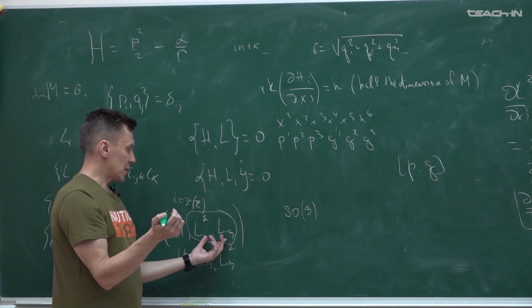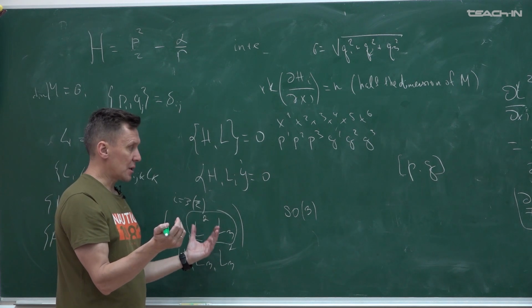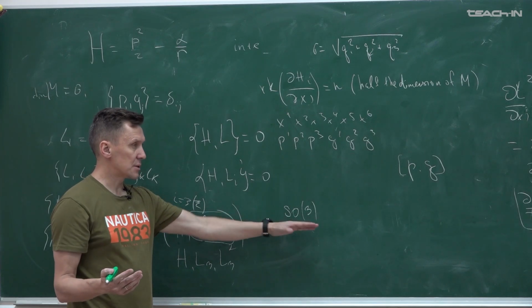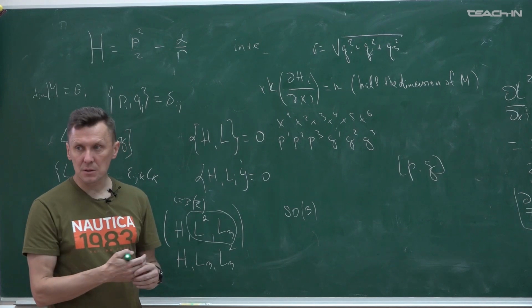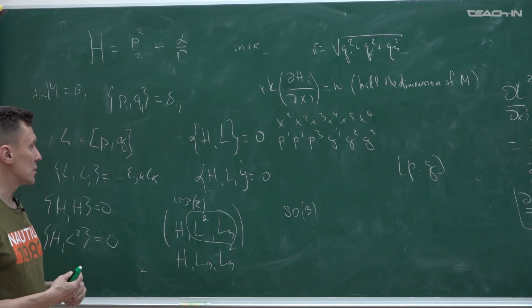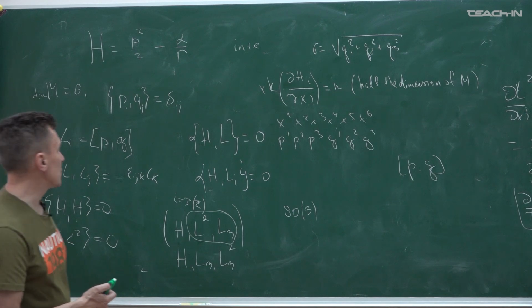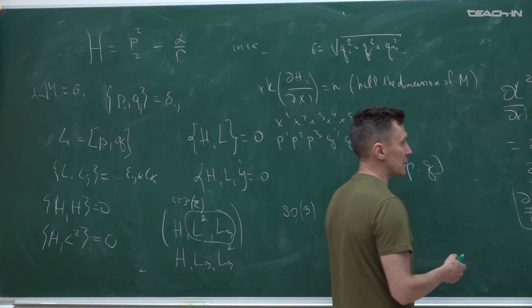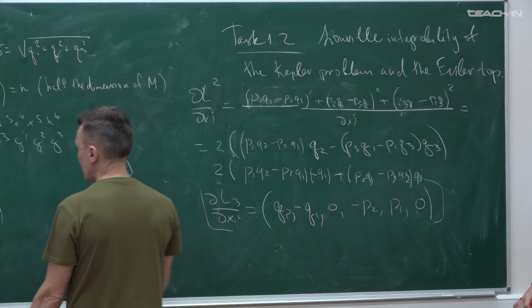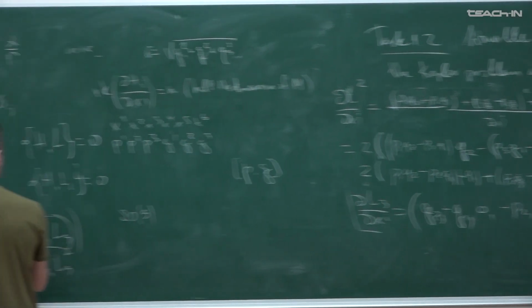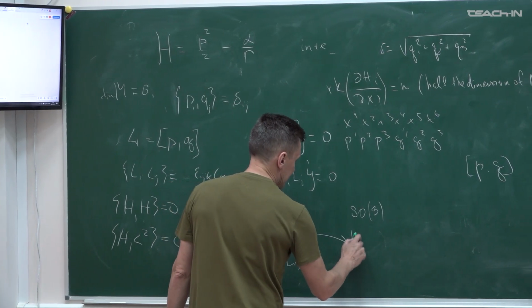So it's easy to see that these functions, as functions on this space, are independent. But how to demonstrate that H is independent of them? I prefer to leave it to next Monday, just to demonstrate the independence of these functions. Home task.